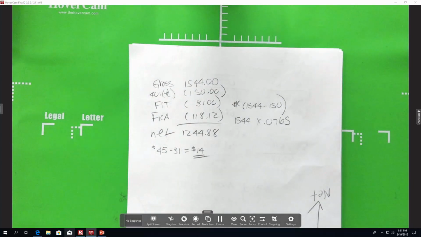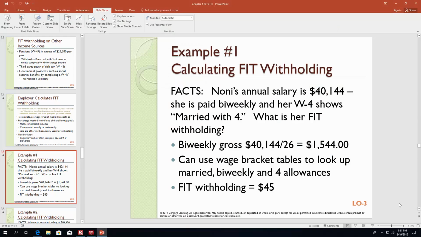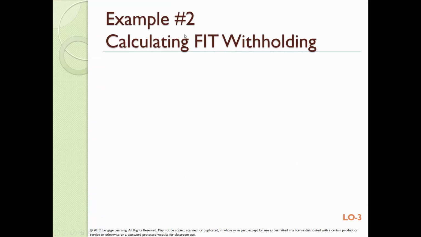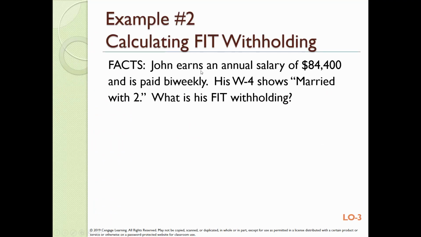Okay, let's go take a look at the next one. So in the next situation, I've got somebody that earns 84,400. He's also paid biweekly. His W-4 shows married with 2.